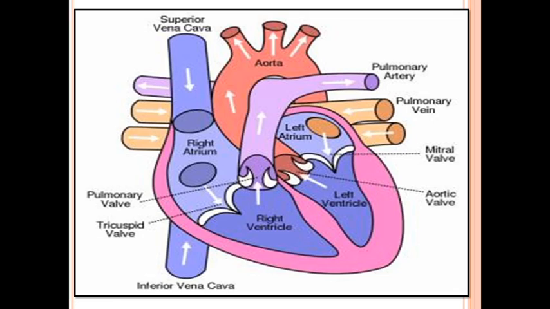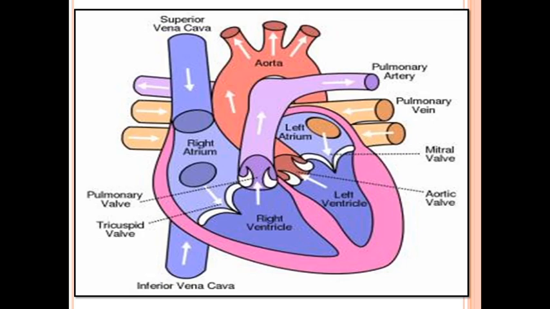So the top chambers with comparatively thinner walls are called auricles, that I have not given here. And the lower chambers with thick muscular walls are ventricles. The atriums are thinner-walled structures, and the lower chambers, the right ventricle and left ventricle, have thick muscular walls.